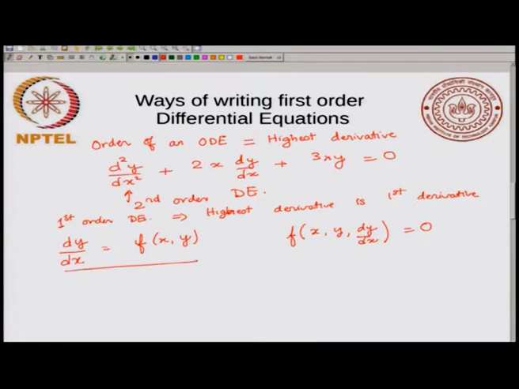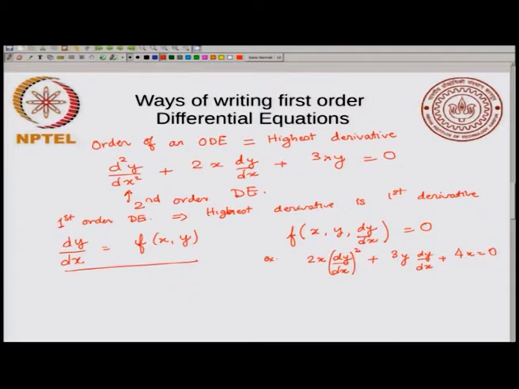An example of this would be, suppose you have 2x (dy by dx) whole square plus 3y dy by dx plus 4x equal to 0. So, this is some function of x, y and y prime, and that is equal to 0, and notice that even though you are squaring this derivative, the highest derivative that appears is 1. So, it is actually a first order differential equation, okay, and so you can have it in this form also.